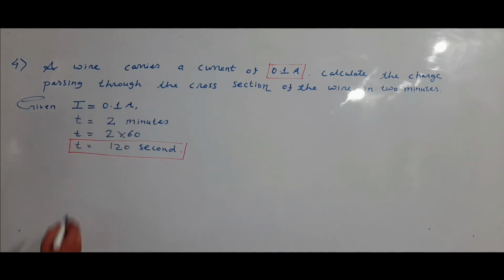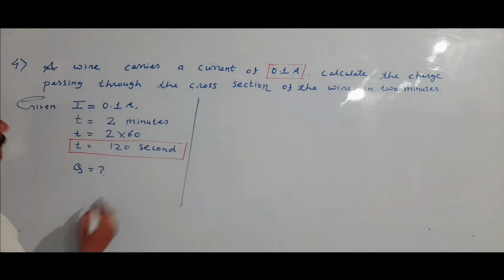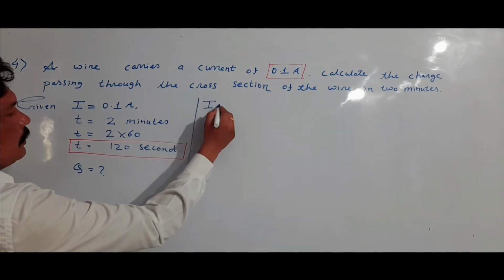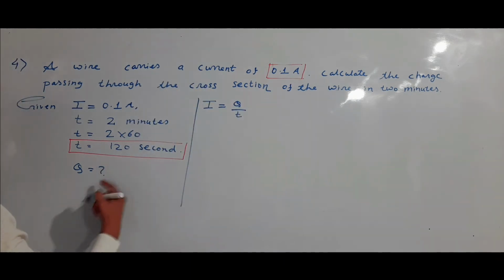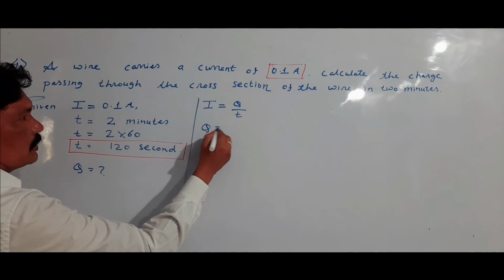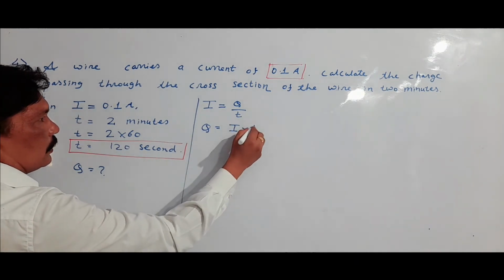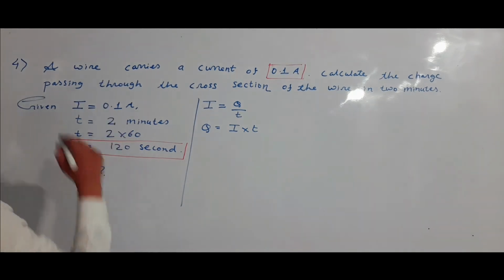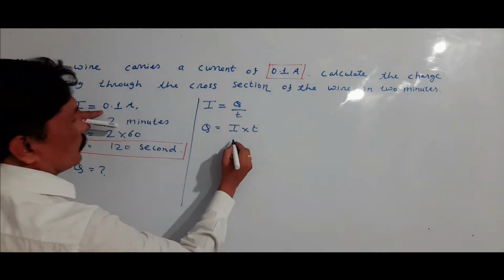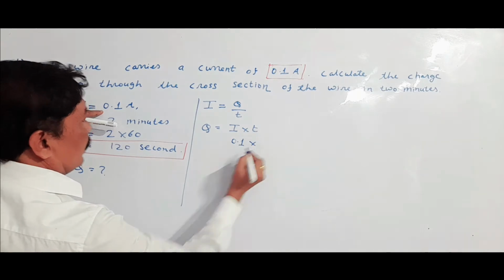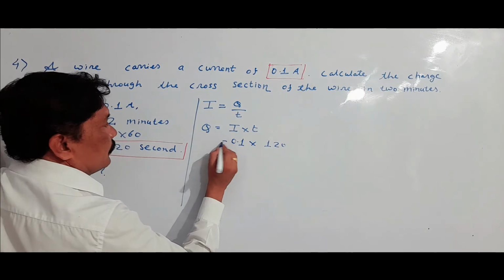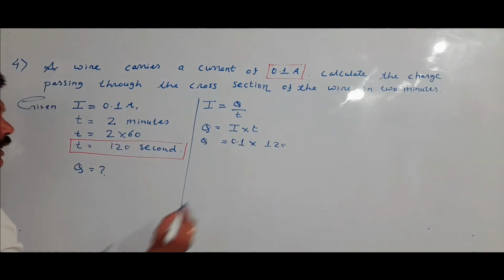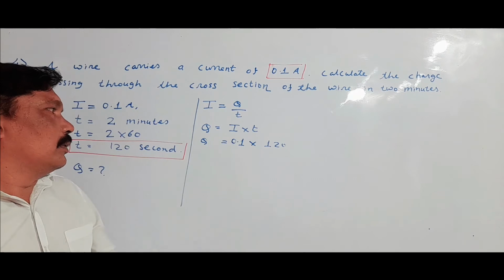Calculate the charge means Q we have to find. Current is equal to charge upon time. We have to find charge. Q is equal to I into T. The value of current is 0.1 into time 120. Again, my dear student, here we have to remove the point.